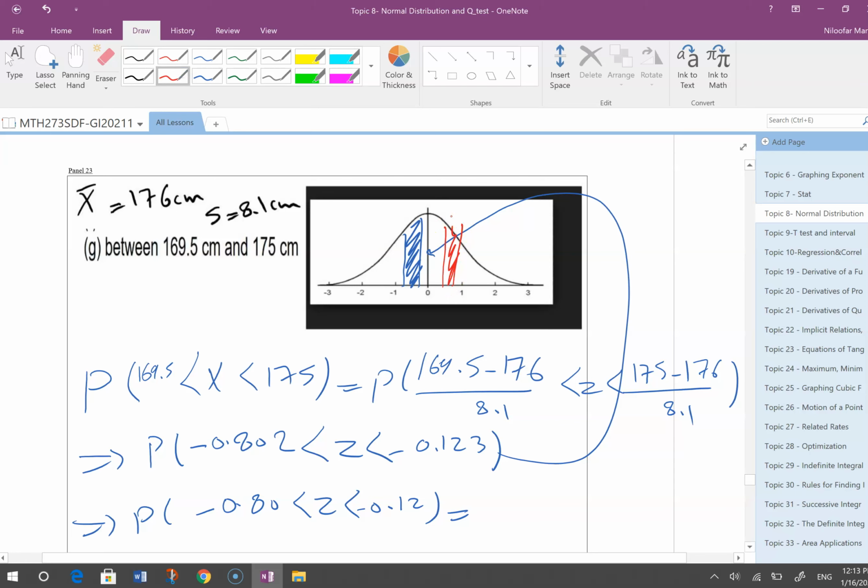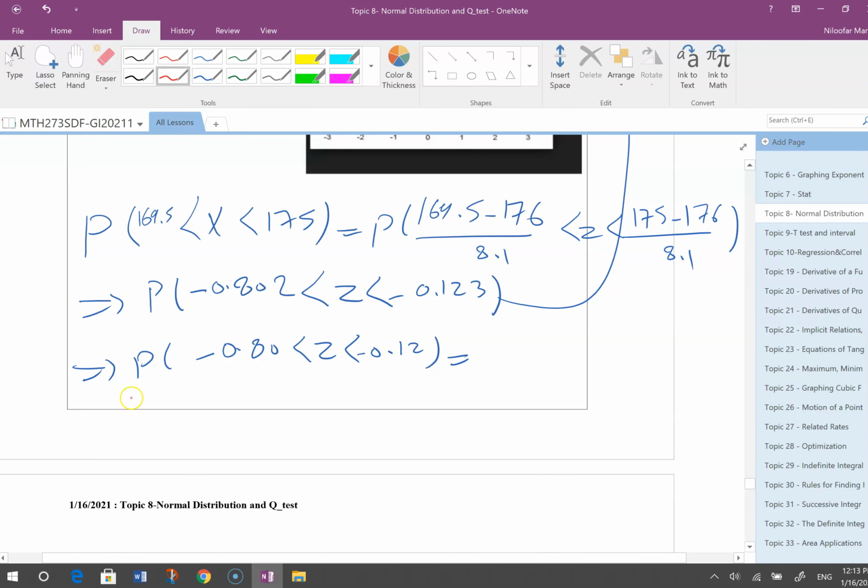So it is the same as probability Z more than 0.12 and less than 0.8, which is probability from 0 to 0.8 minus from 0 to this.